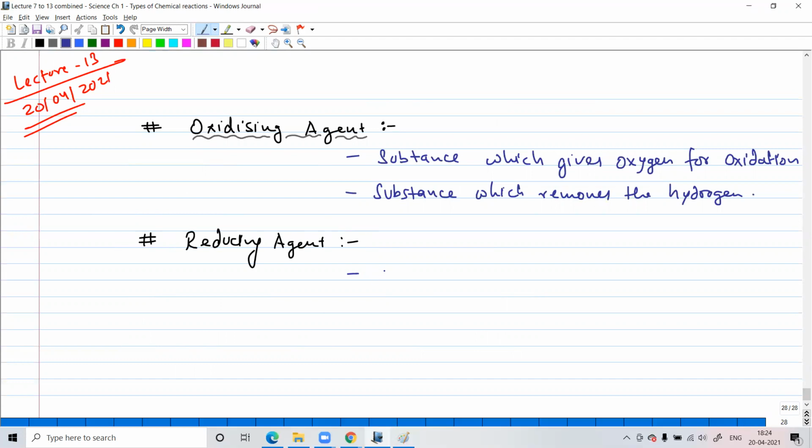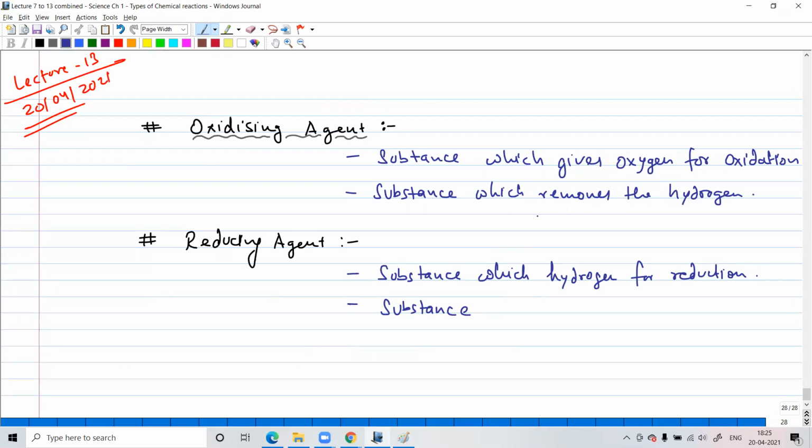Yes, very good. Since addition of hydrogen is reduction, the substance which gives hydrogen for reduction will be your reducing agent. Or if it is related to oxygen, the substance which removes the oxygen. Try to understand this point, which removes.